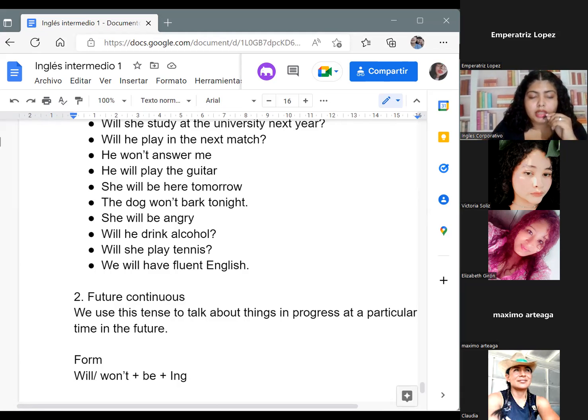So how can we create some sentences using the future continuous? We are going to see some examples in the negative, interrogative, and affirmative.